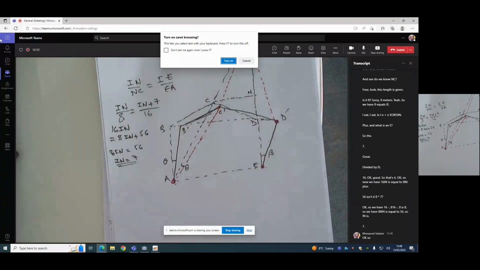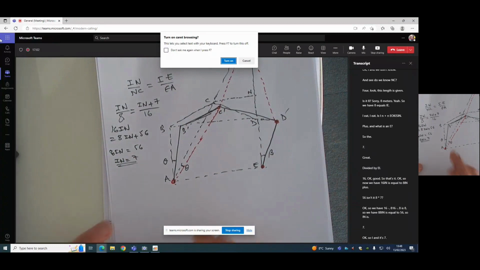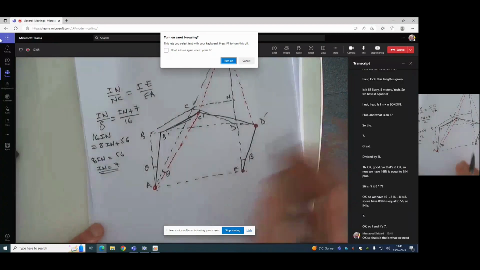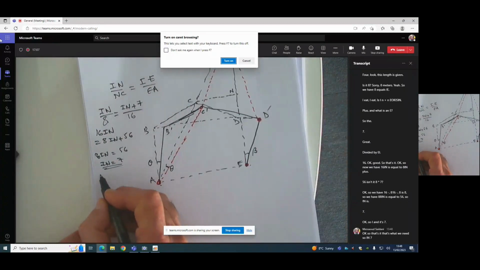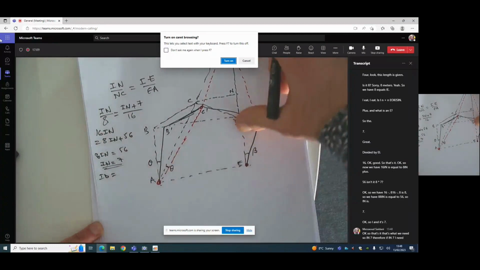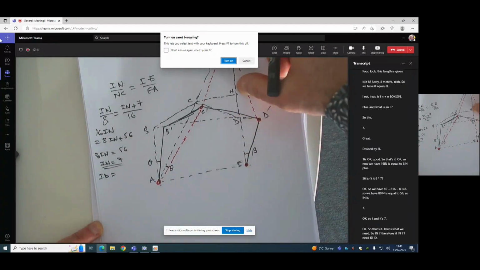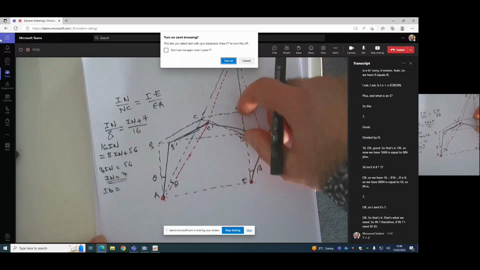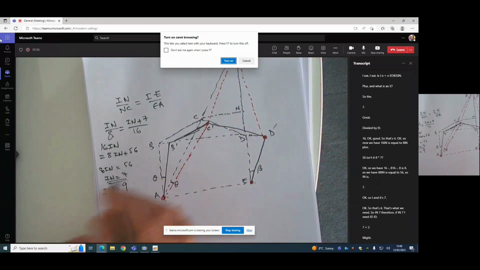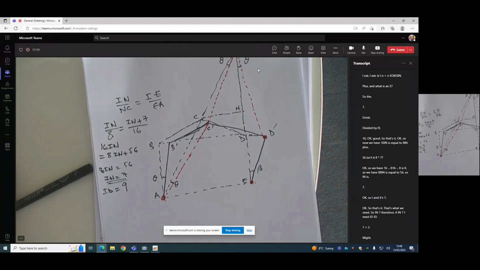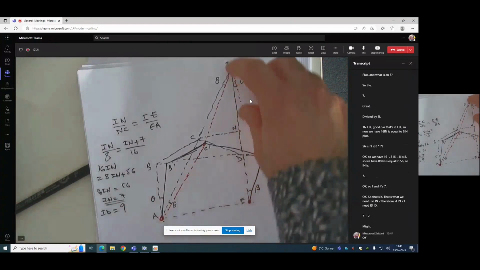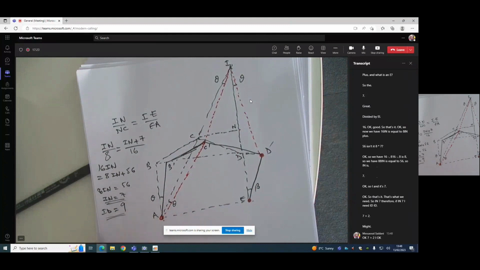So IN is 7. Okay, so that's it. That's what we need. So IN is 7. Therefore, if IN is 7, I need ID. ID is 7 plus 2, 9.